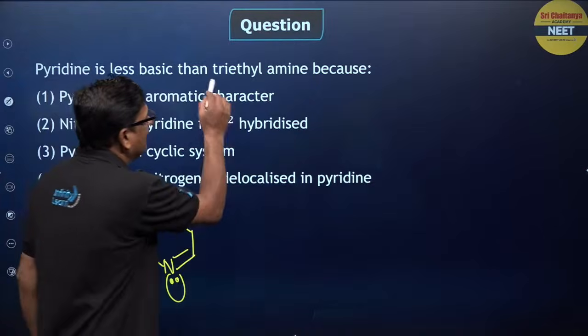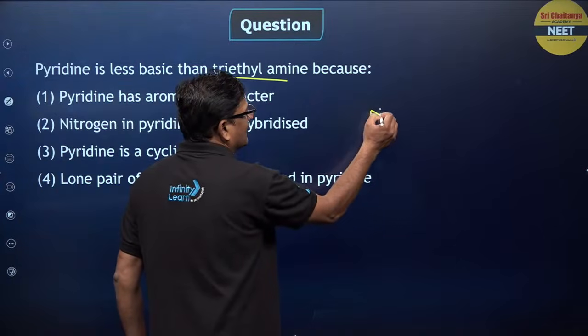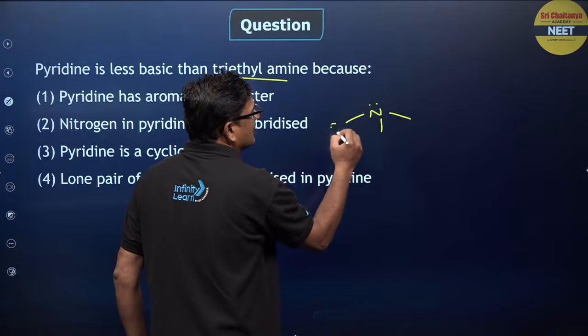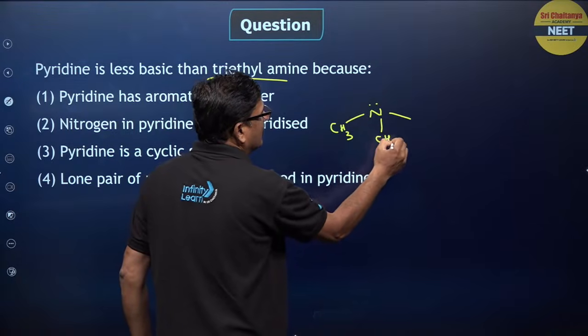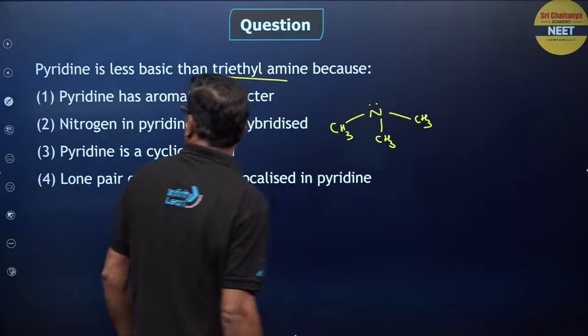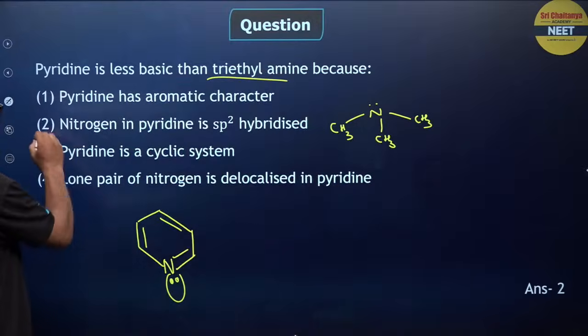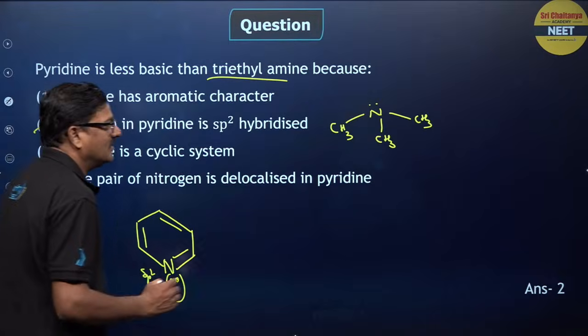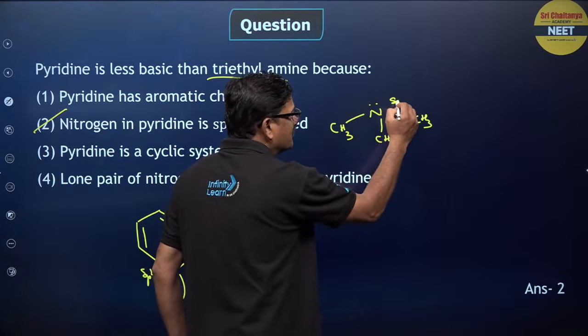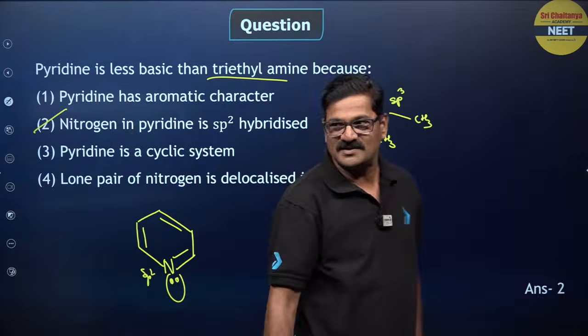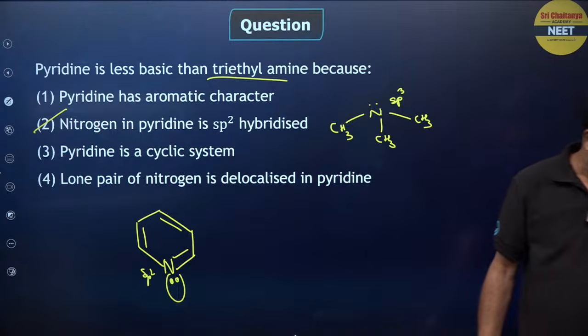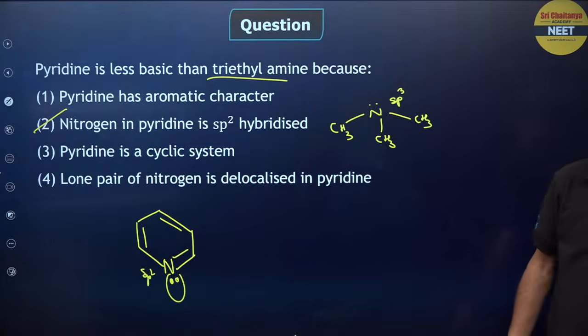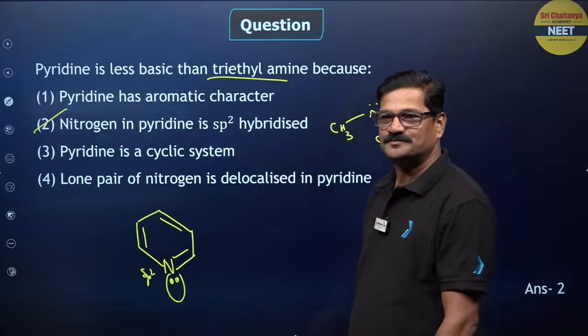And in trimethylamine, nitrogen has a methyl group and a methyl group and a methyl group. And the answer for this is that nitrogen in pyridine is sp2 hybridized, and here it is sp3 hybridized, isn't it? Simple logic. It is going to be simple logic. Are you getting or not?